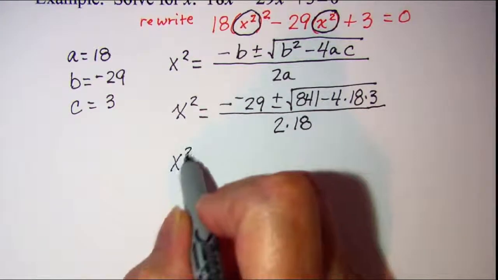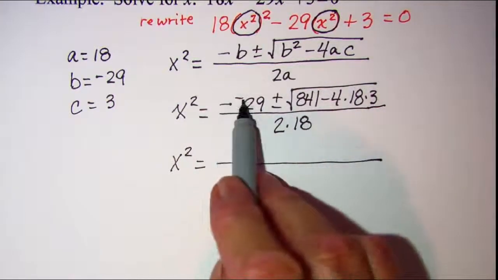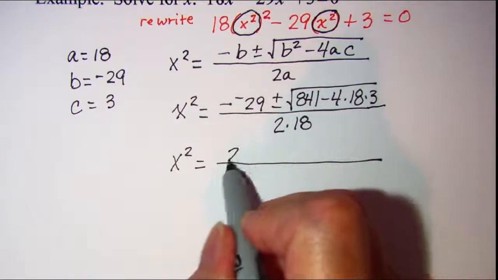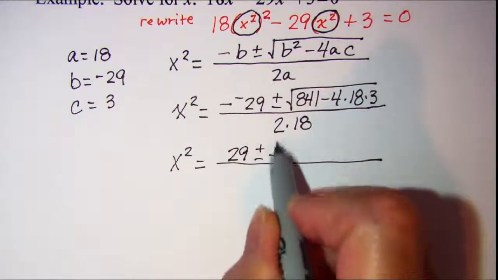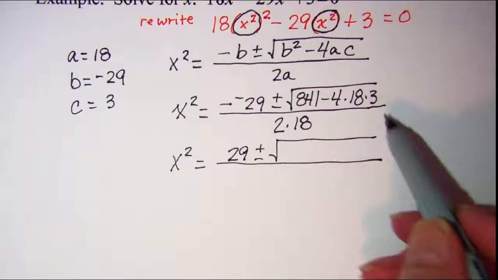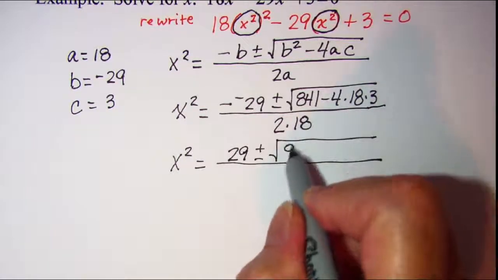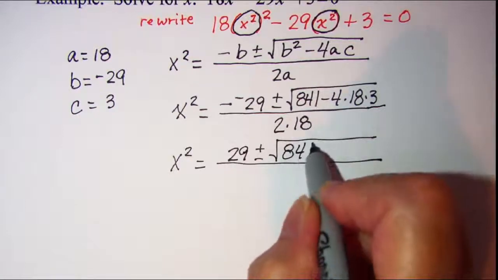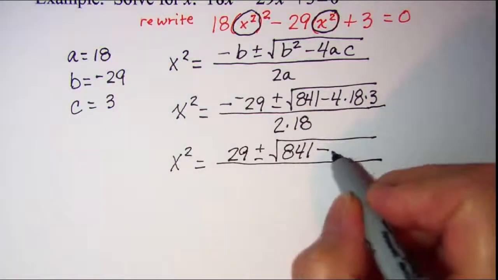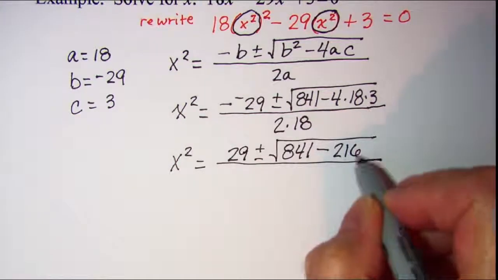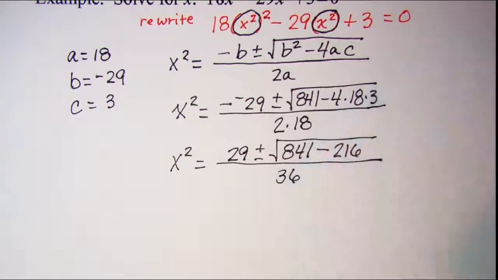So x squared equals negative negative is a positive, so 29 plus or minus square root of, I need to do this multiplication first, so I'll just copy 841, and it'll be minus 216 over 36.